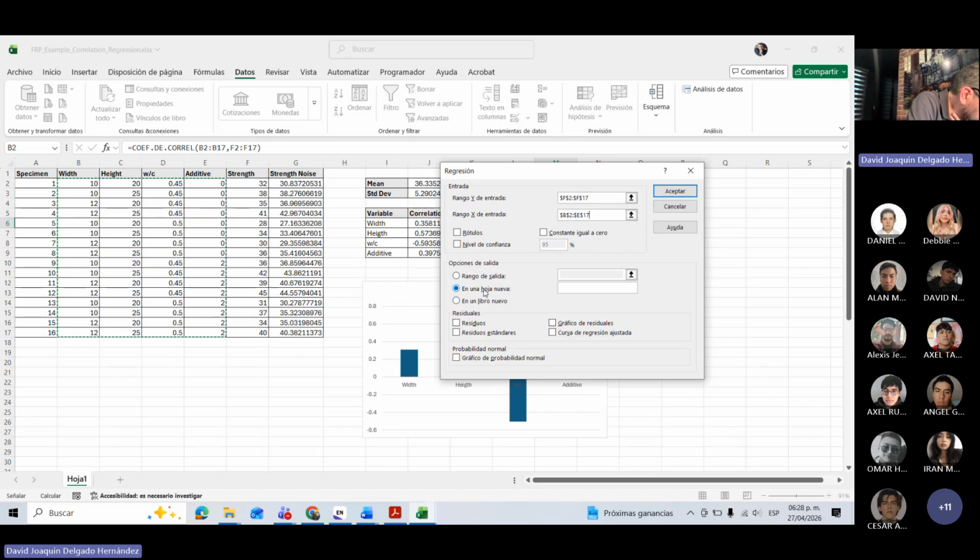So you choose here in a new sheet, en una hoja nueva, and you choose here the normal probability graph at the final box, okay? And you choose the regression curve. You can put the rótulos, which is the name.